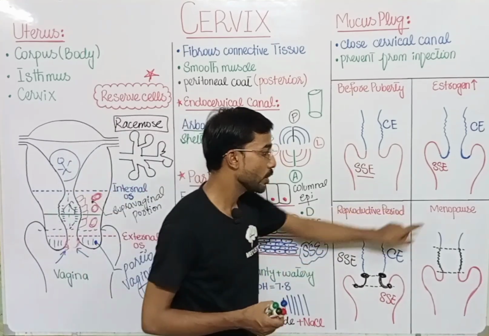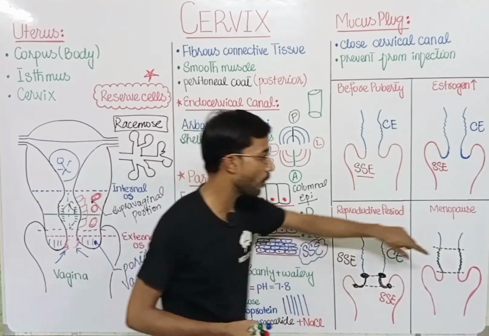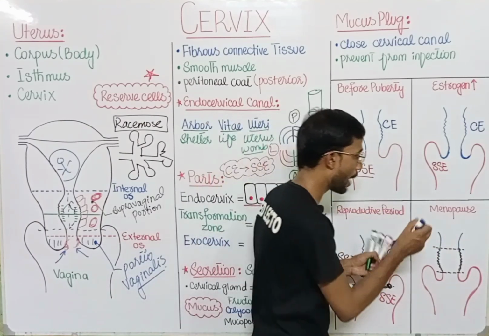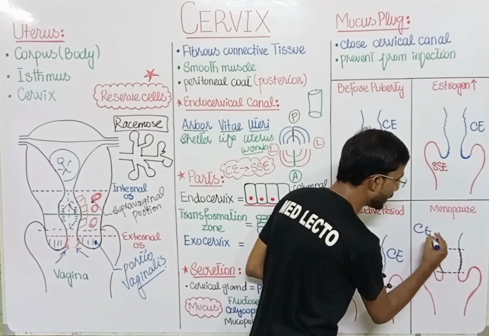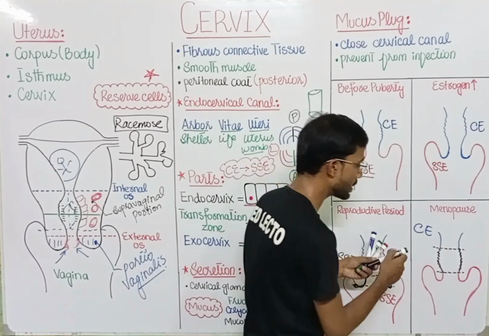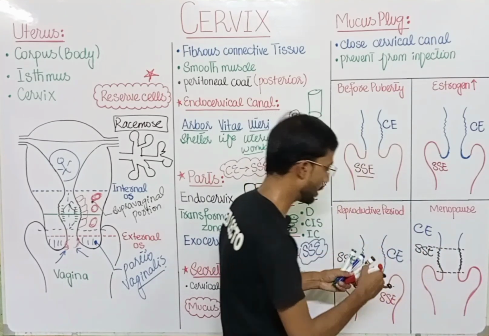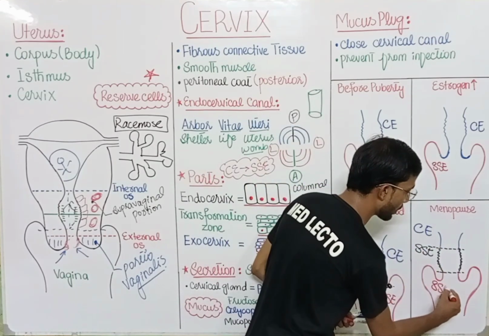In menopause, you will see the transformation zone forms inside the cervix. Again the upper region will be columnar epithelium, then the transformation zone, stratified squamous epithelium, and the last portion will be stratified squamous epithelium.